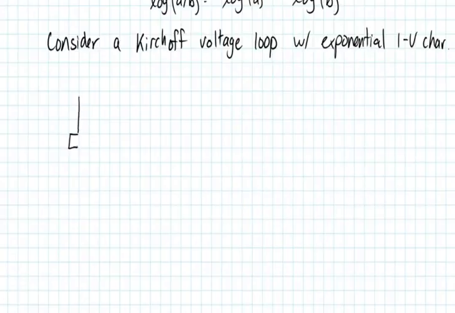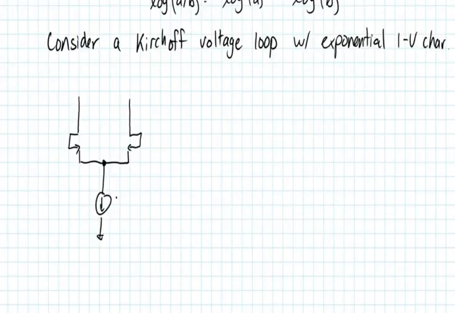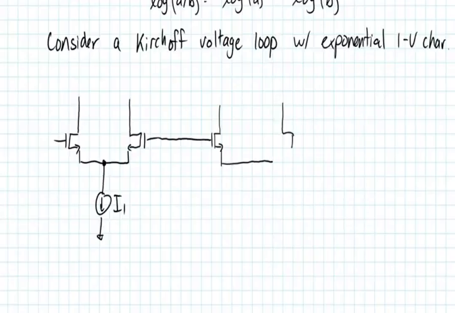Let's say we have two NMOS devices here, and they come together to present some differential pair, and let's say this is biased with a current I1. Okay, and let's say that this differential pair is connected to another differential pair, which looks as follows. And this differential pair is going to be biased by I2.